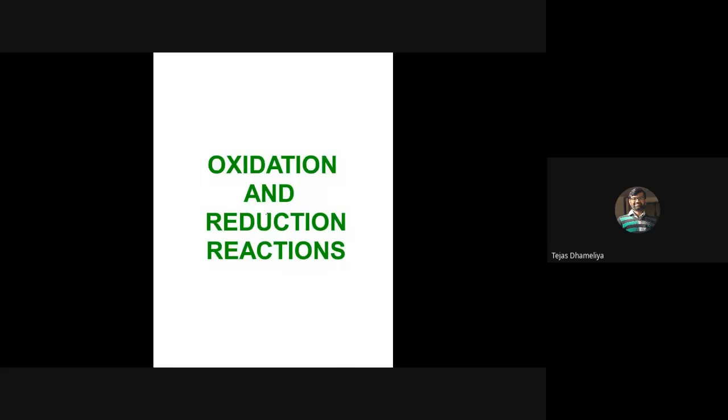Hydrogen gas itself is a reducing agent, right? And this way, there are several reducing agents. Here, lithium aluminum hydride is another strong reducing agent.